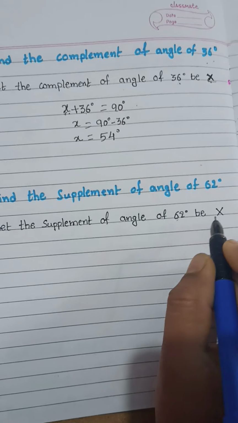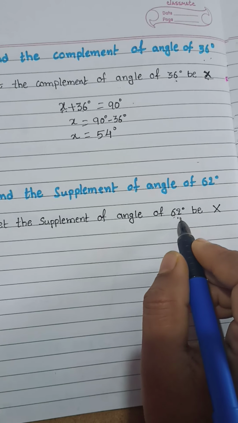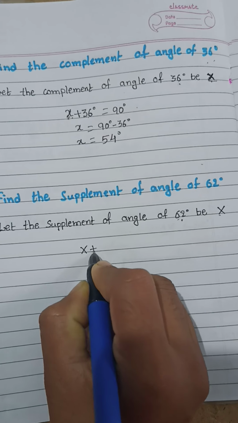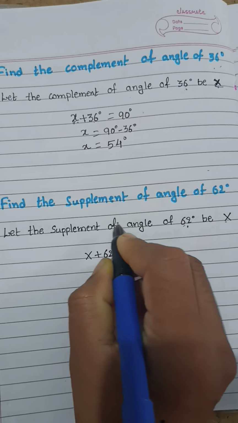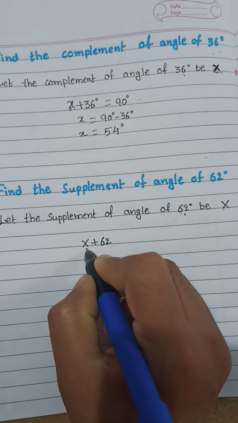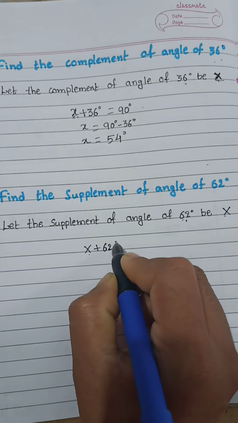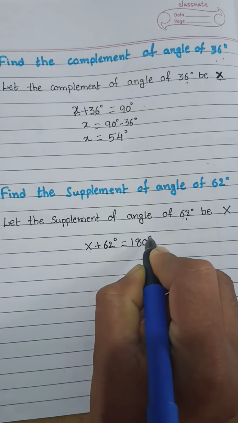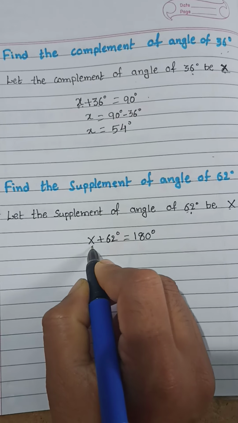Here the given angle is 62, and the supplement of 62 is x. So the sum of these two angles is equal to 180. x plus 62 is equal to 180 degrees. We have to find the value of x.